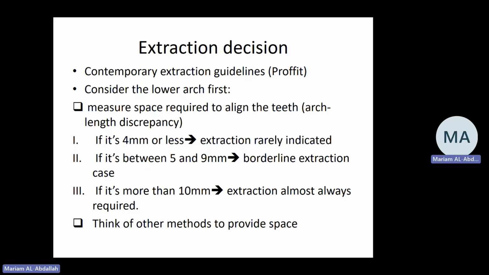So if the space required in the lower arch in order to align, level and normalize the teeth is 4 millimeters or less, then we rarely need to extract teeth.